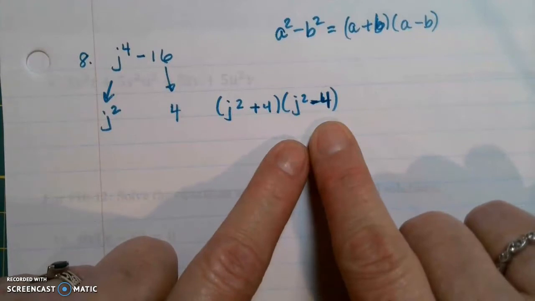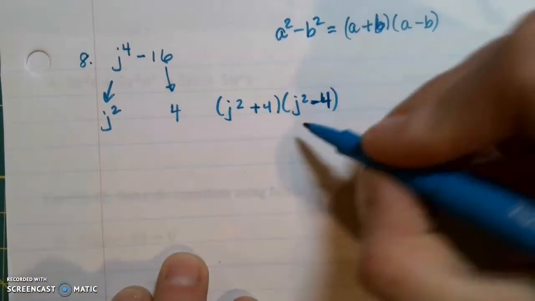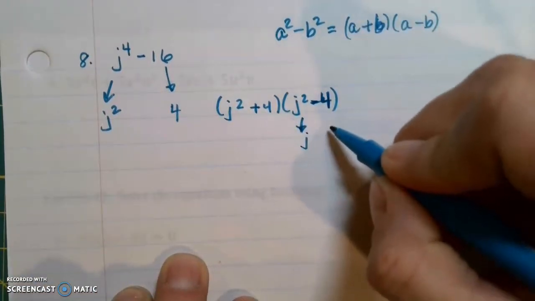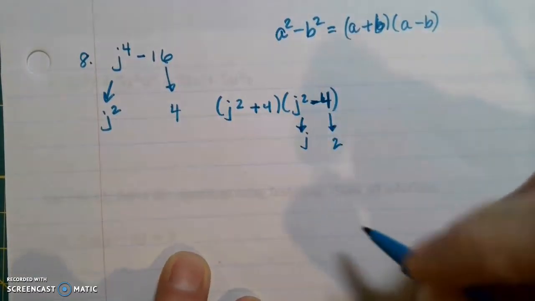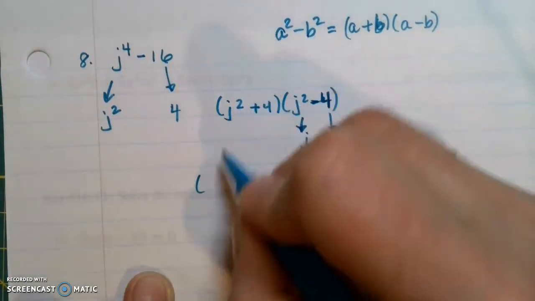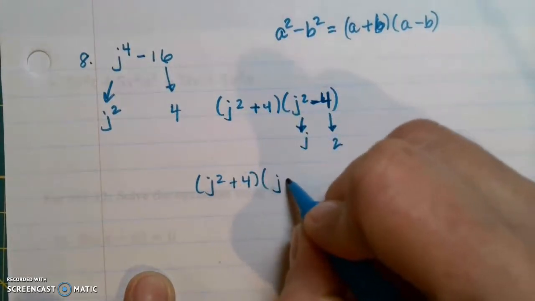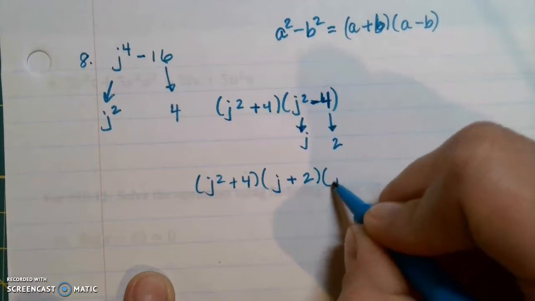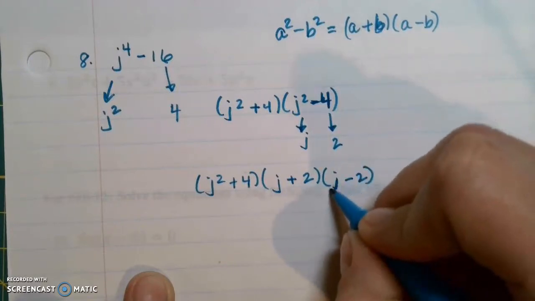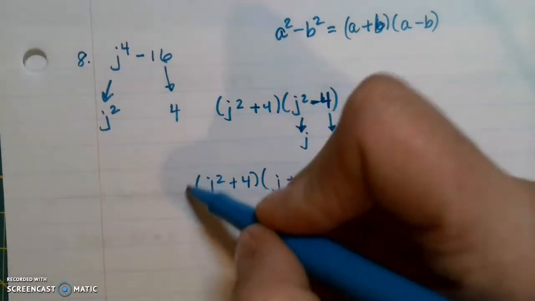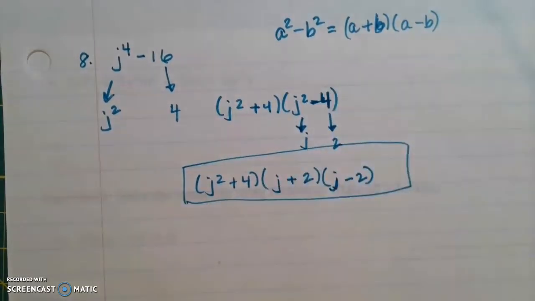But this one is a difference of squares again. The square roots are j and 2. So, just dropping down that sum of squares term, and then I can do the second one into (j plus 2)(j minus 2). And then that would be my final answer.